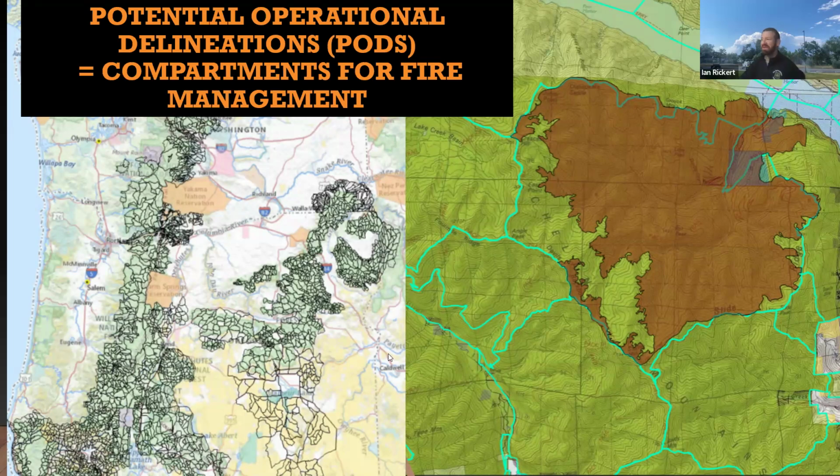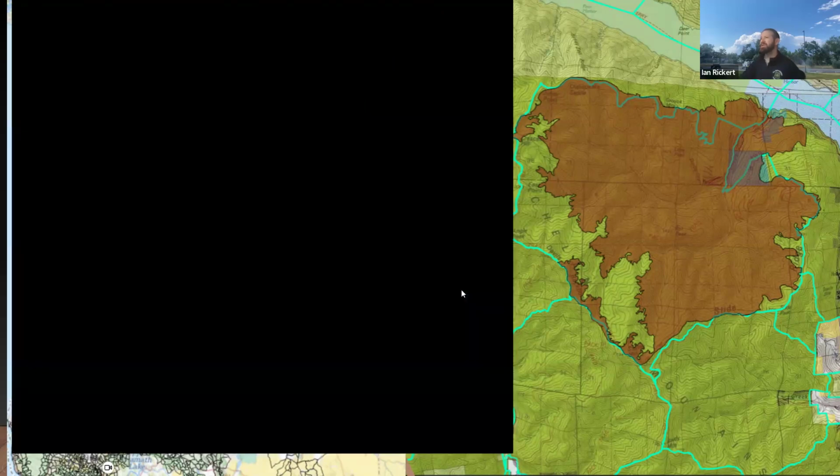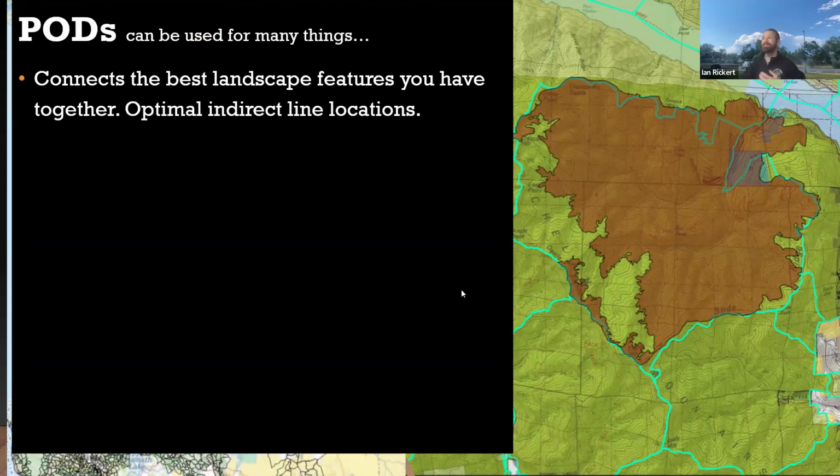Fire, we all know this, tends to ignore jurisdictional lines. So pods are really our version of how to compartmentalize the landscape into some digestible pieces. So how we do this, frankly, it's as simple as sitting down with all your partners within your local geography, pulling up a series of maps, and then creating lines and polygons around the features that are really the best ones out there for engaging in fire suppression, right?